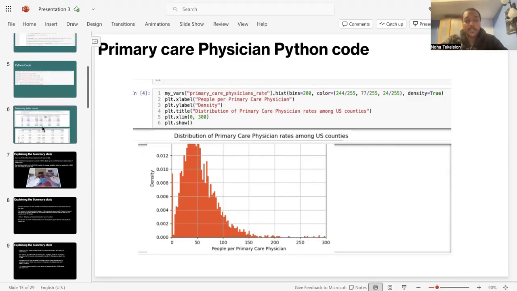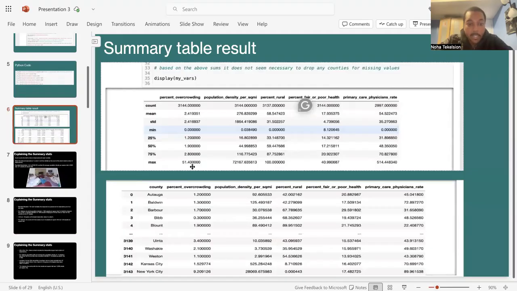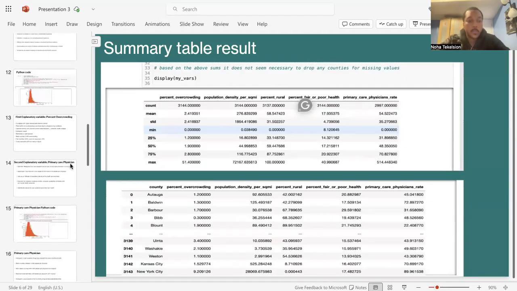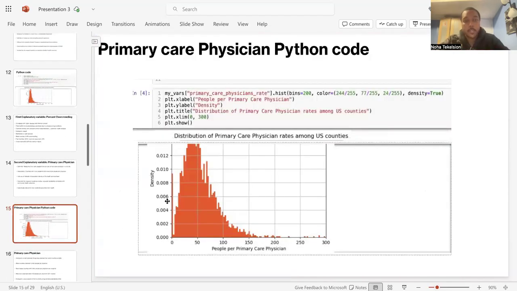Although if we go back to the summary stats table, we can see that the maximum for primary care physicians is 514. So it goes on quite a bit more. Clearly, it's again right skewed, but to a lesser degree. It's densest between 10 and 100.